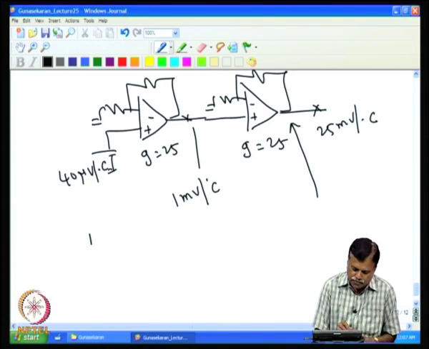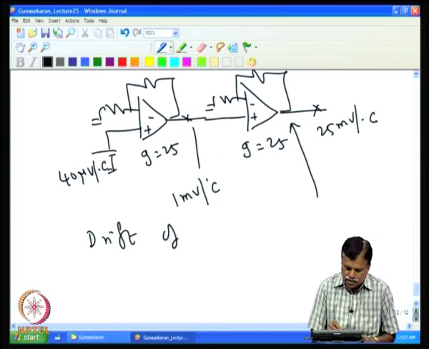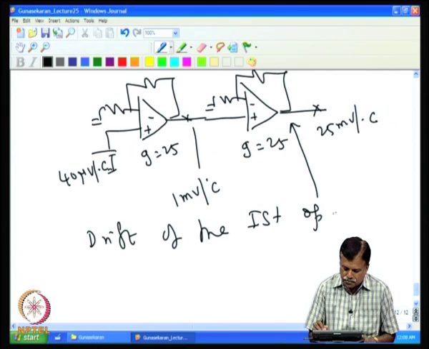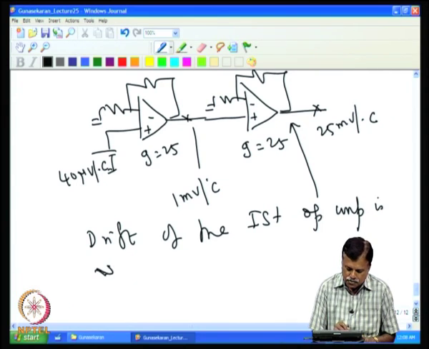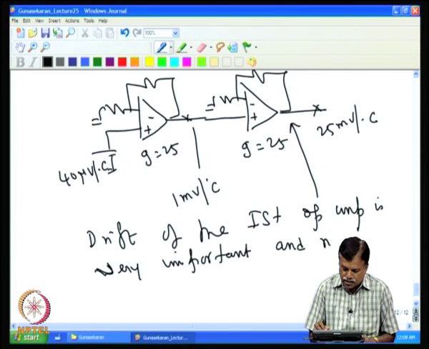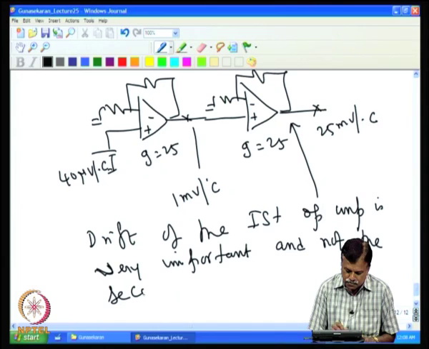The drift of the first op amp is very important, and not the second one.